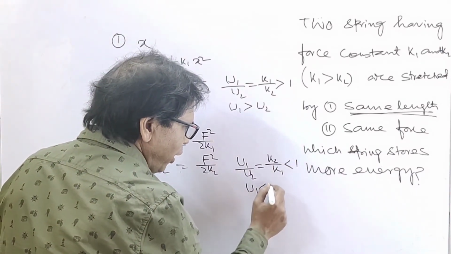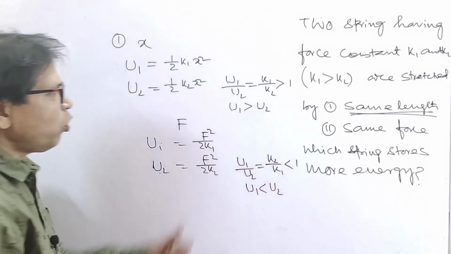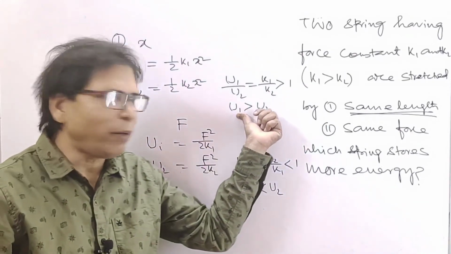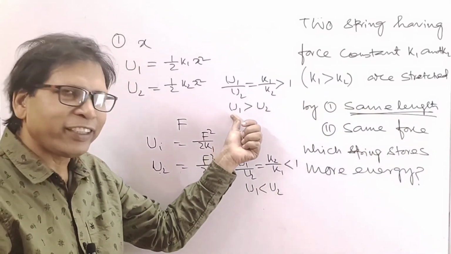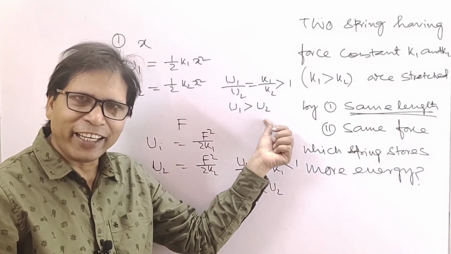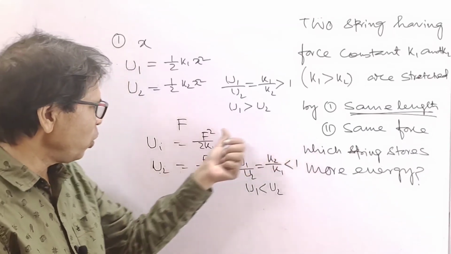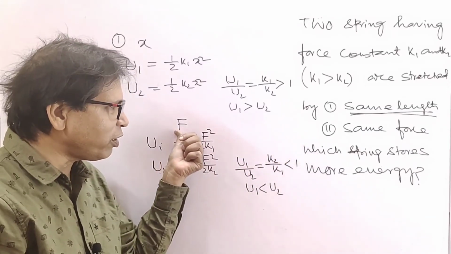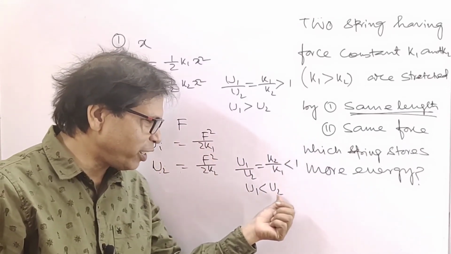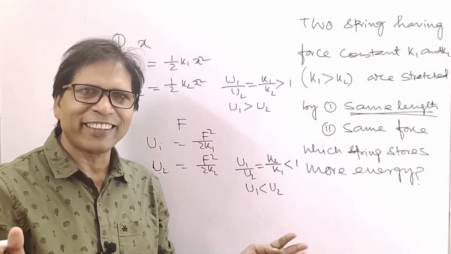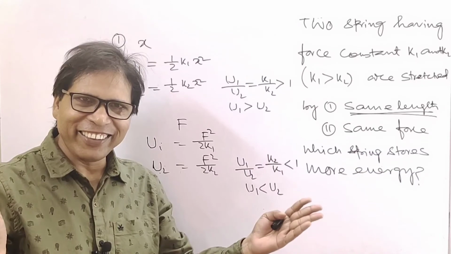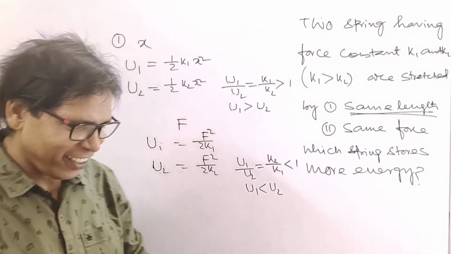Therefore U1 less than U2. So when they are stretched by the same length, the energy stored in first is greater than energy stored in second. When they are stretched by the same force, the energy stored in second is greater than energy stored in first. Okay, understood?